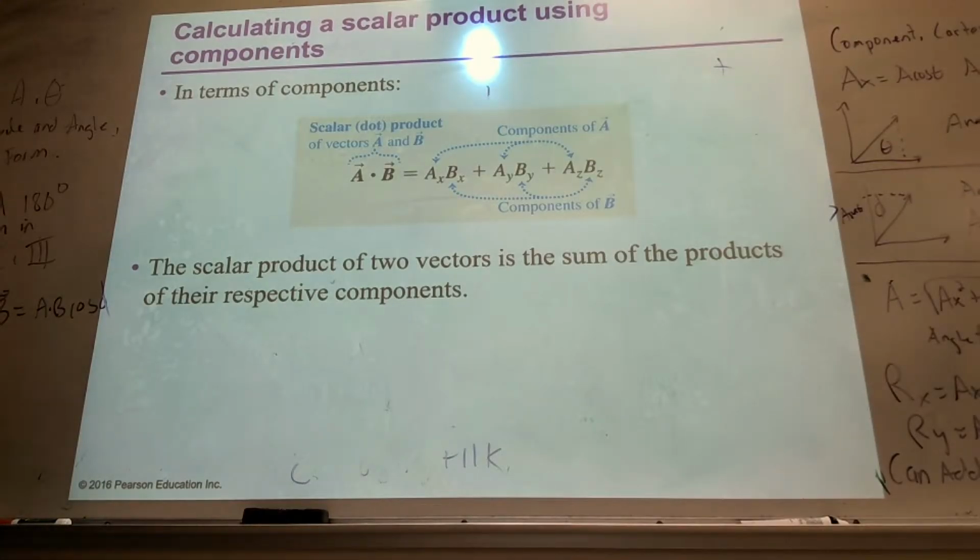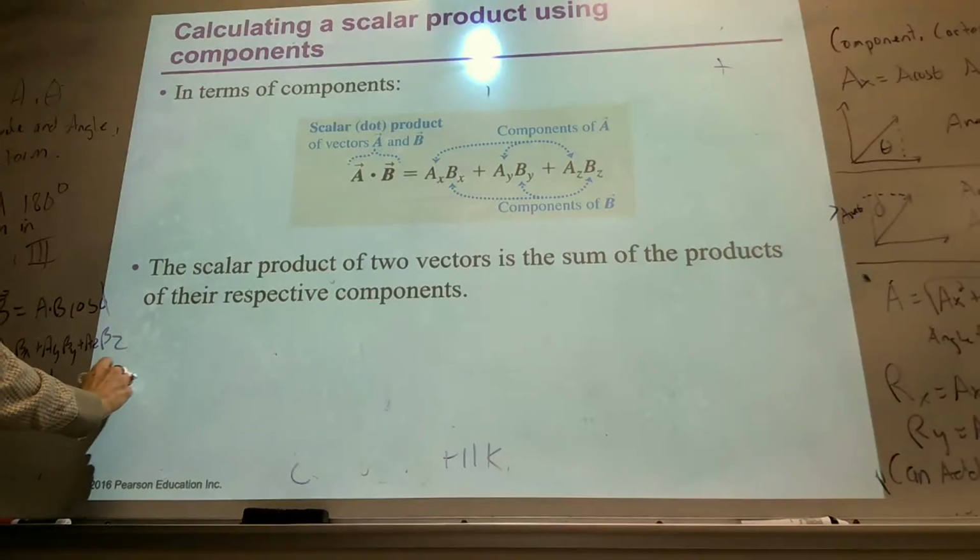So we have the other one, AX BX plus AY BY plus AZ BZ. These two equations are equal to each other. A dot B cosine phi is equal to AX BX plus AY BY plus AZ BZ. Just depends on what you're given, which one you use.